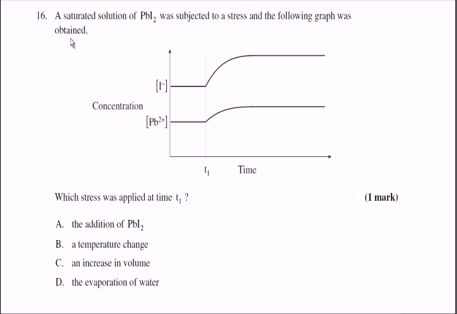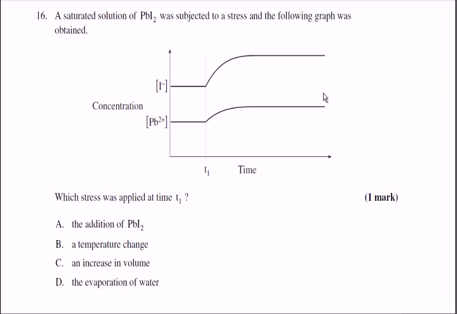Now, it says right here, a saturated solution of lead iodide was subjected to a stress, and the following graph was obtained. Okay, so it says which stress was applied at time t1. And what we see is that the concentration of these things have both increased.